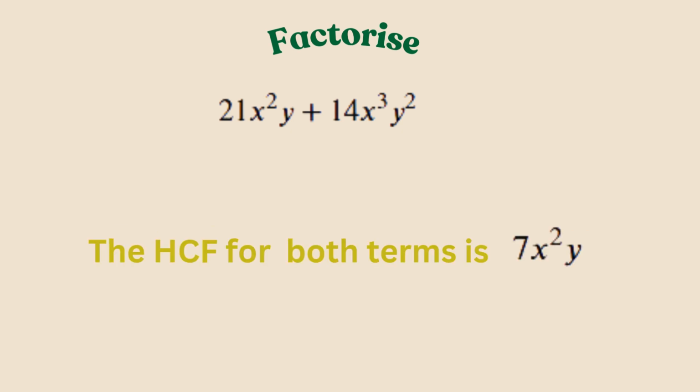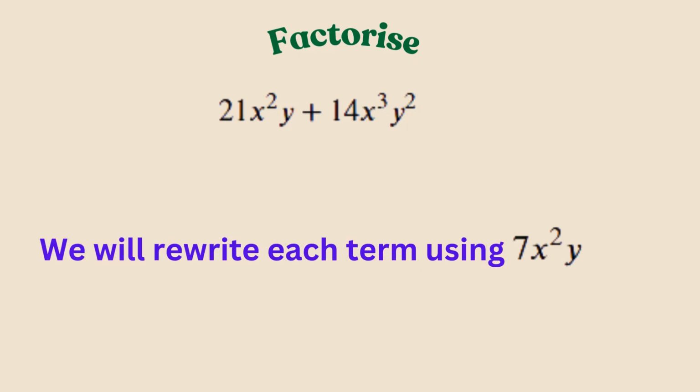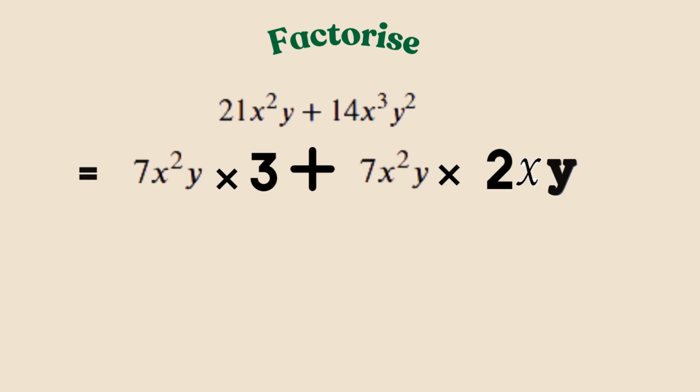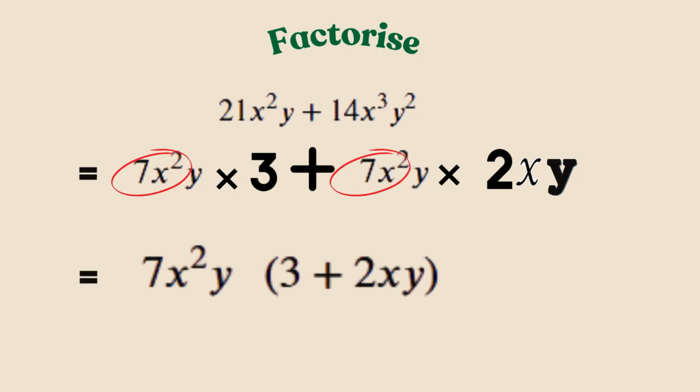So the HCF for the entire expression is 7x squared y. Now let's rewrite each term using 7x squared y. We can rewrite the first term as 7x squared y times 3, and we can rewrite the second term as 7x squared y times 2xy. Now factor 7x squared y from each term, and we are left with 3 plus 2xy in the brackets.